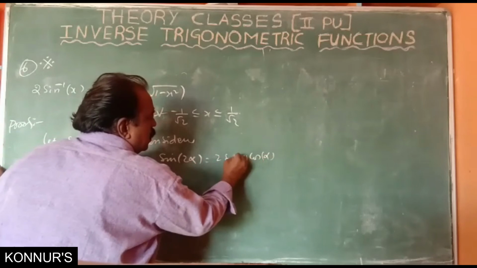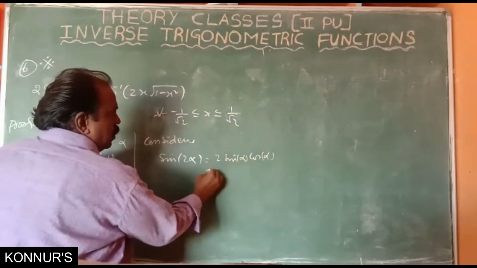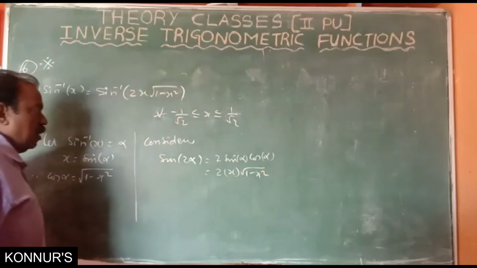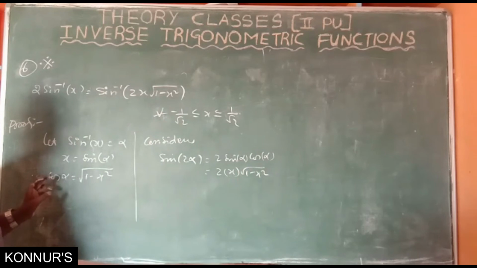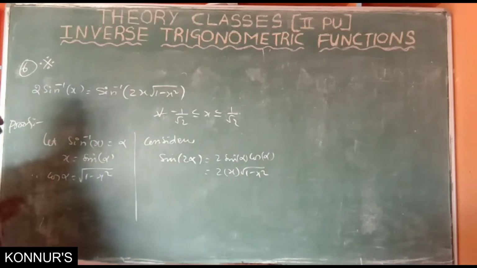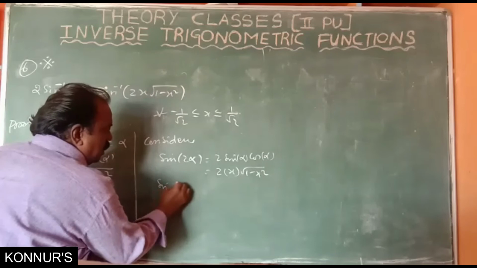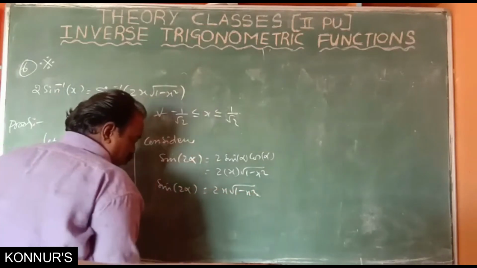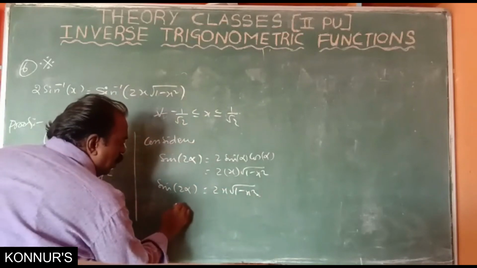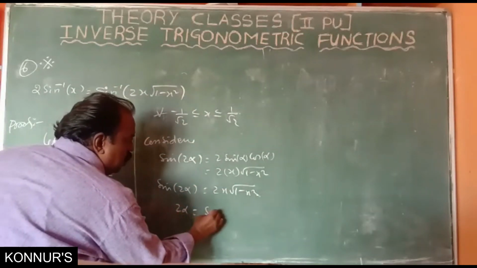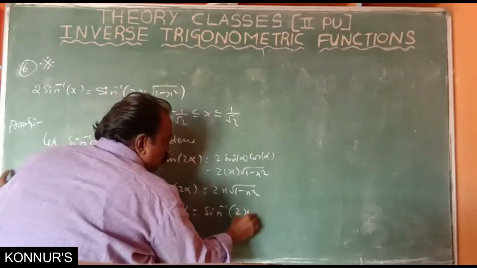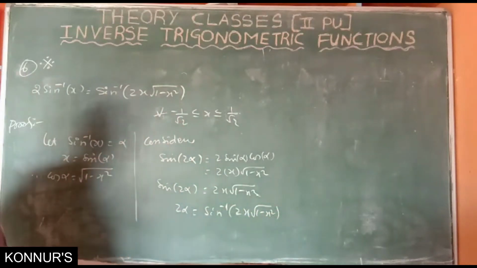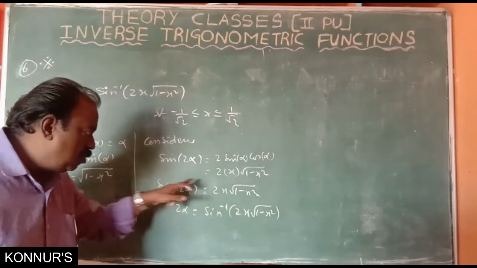That is 2x root 1 minus x square, since sine alpha is x and cos alpha is root 1 minus x square. So it's clear, sine 2 alpha is equal to 2x root 1 minus x square. Now 2 alpha is equal to sine inverse 2x root 1 minus x square. This side goes to that side.